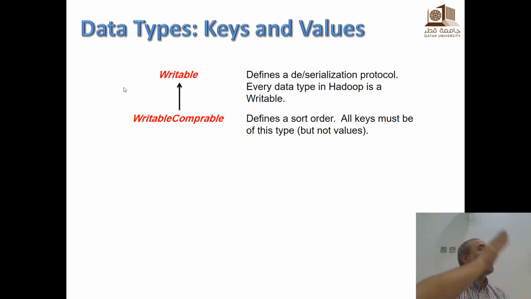How about the input key? Would that have to be sorted? No, we don't have to sort it. How about the output of the map phase? Yes, it has to be sorted because that is essential for grouping. So I have to know how to compare between two values of that key, of that type.